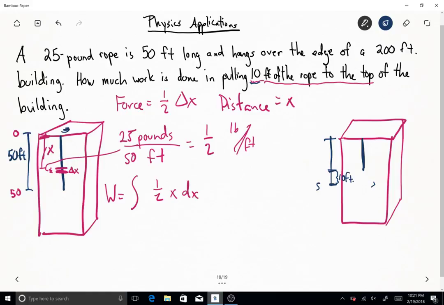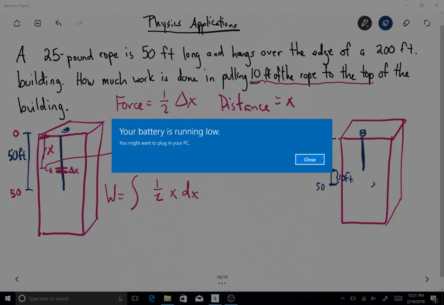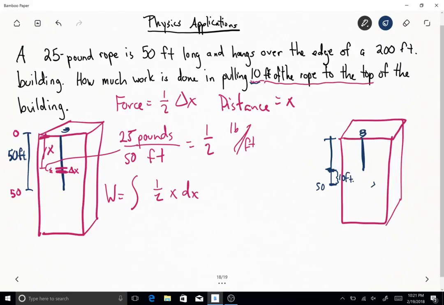We had 50 feet down at the bottom, right? What is that marker if we pull 10 feet up? Now we're starting to coil that stuff up. Yeah, you pull 10 feet of the rope. Yeah, so 40, that's exactly right.